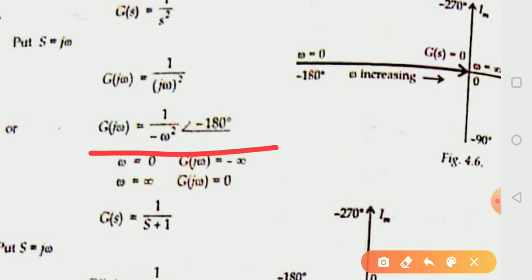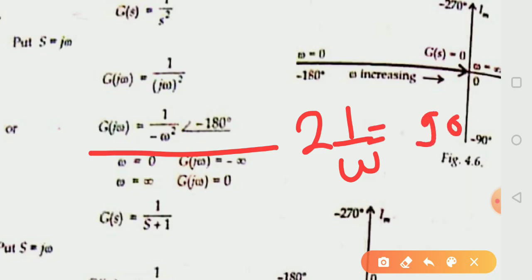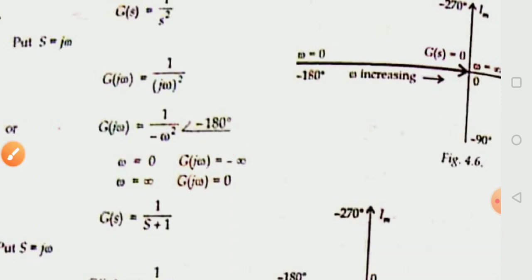The magnitude is 1 over omega square, and the phase angle comes from the (j omega) square term, meaning 2 times the angle of j omega. The angle of j omega is 90 degree, and 2 times 90 means 180 degree. So here the angle is 180 degree.